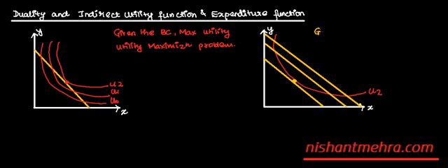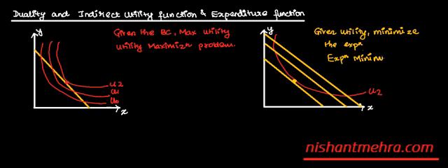So what you are doing here, given the utility, you minimize the expenditure, and this is called the expenditure minimization problem.